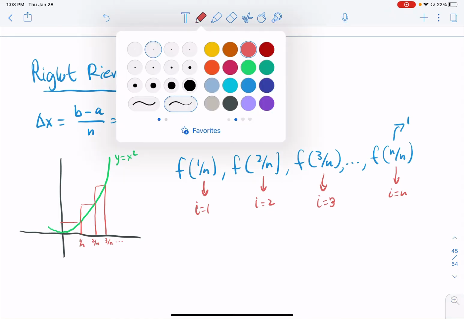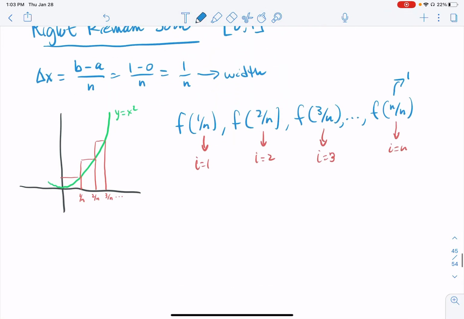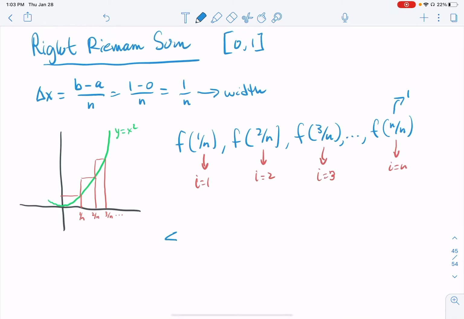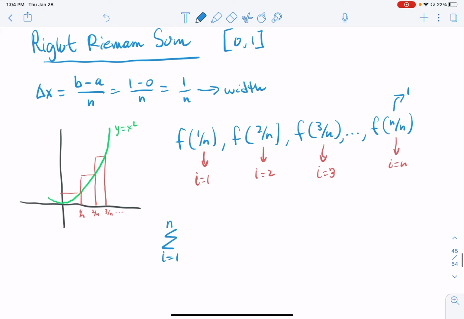So here then is our right Riemann sum. It's going to be the approximation for our area. Summation from i equals 1, and instead of going to 4, we're going to go up to n because we want n subintervals. We need two things in our summation. We need a function value, which is going to be f of i over n.